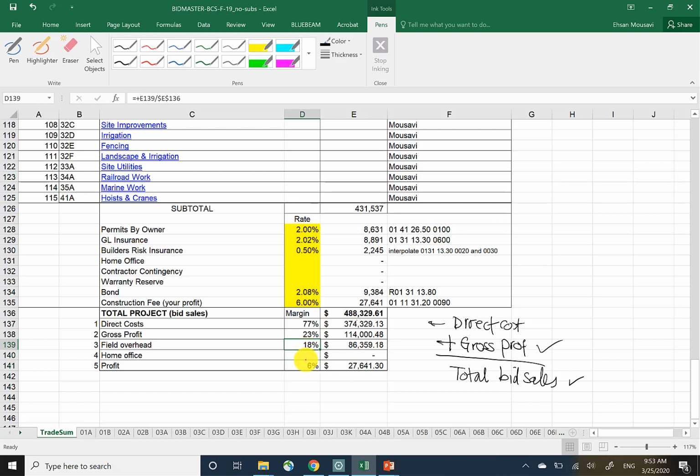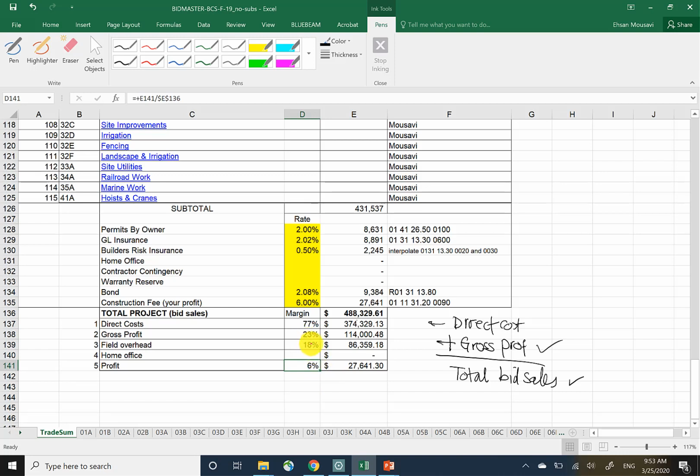And these should add up. So if I take these two and add them together, I should receive 23%. And when I take these two, 77 and 23, and add them together, I should get 100%, right? And we said that these percentages are called margins. So if I ask, what's your profit margin, you say 6%.